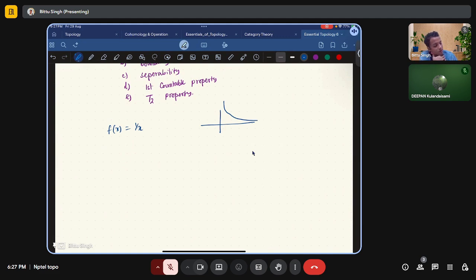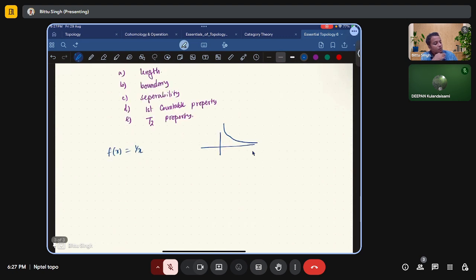So in this case, we can see that this map, if we define this map, my domain is this, sorry, my domain is this interval 0 to 1.